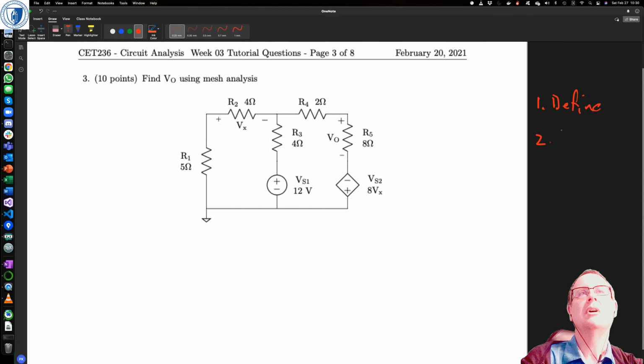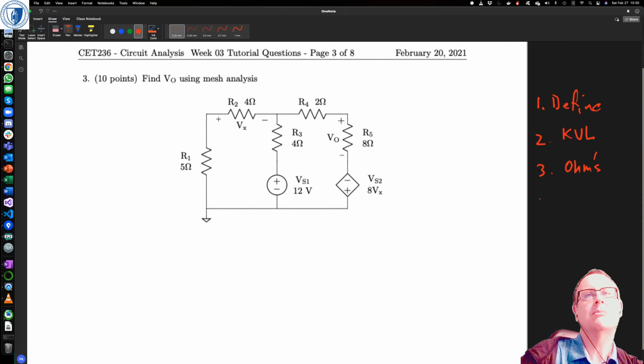Then write down the KVL, or KCL if there's a current source. Then use Ohm's law to get those KVL equations in terms of currents, which are the unknowns. They're the things we're trying to find. Then distribute and group like terms. And finally, profit, or solve.